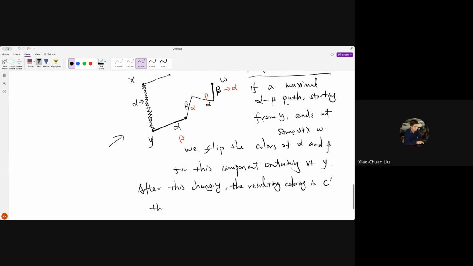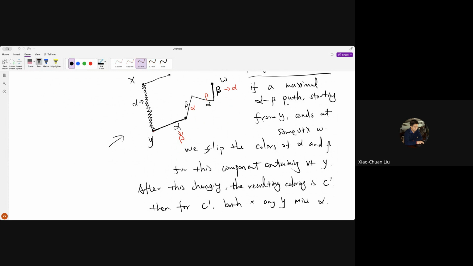Then for C prime, both x and y miss alpha, because I changed this to beta here. So y has no alpha used.